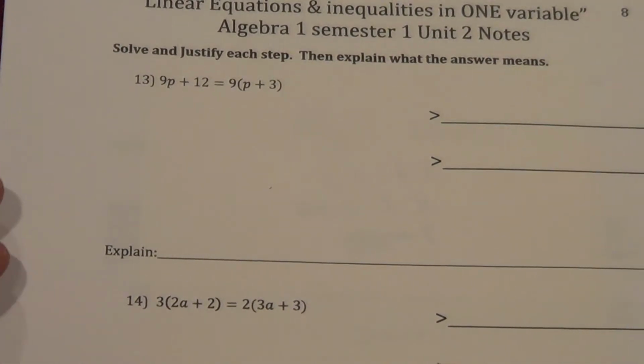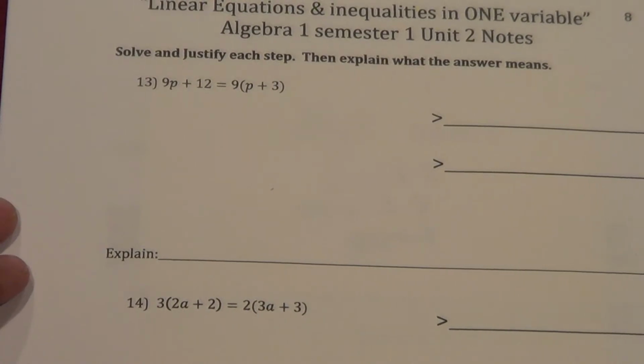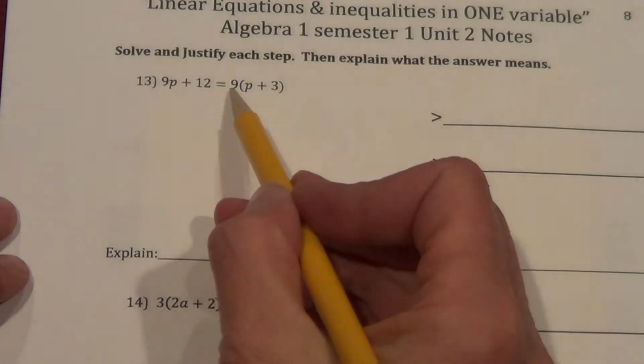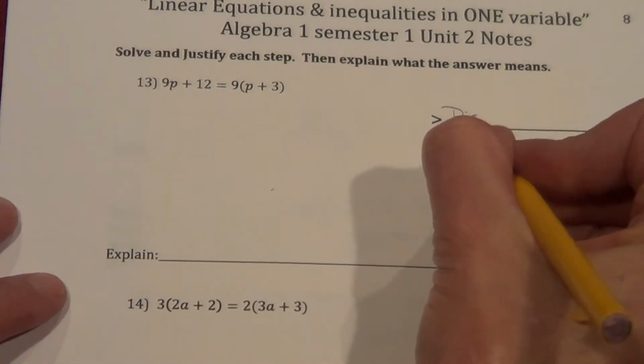I have a few that are just a little bit more like the beginning of this unit. First thing we would do is we would distribute. So we write distributive property.